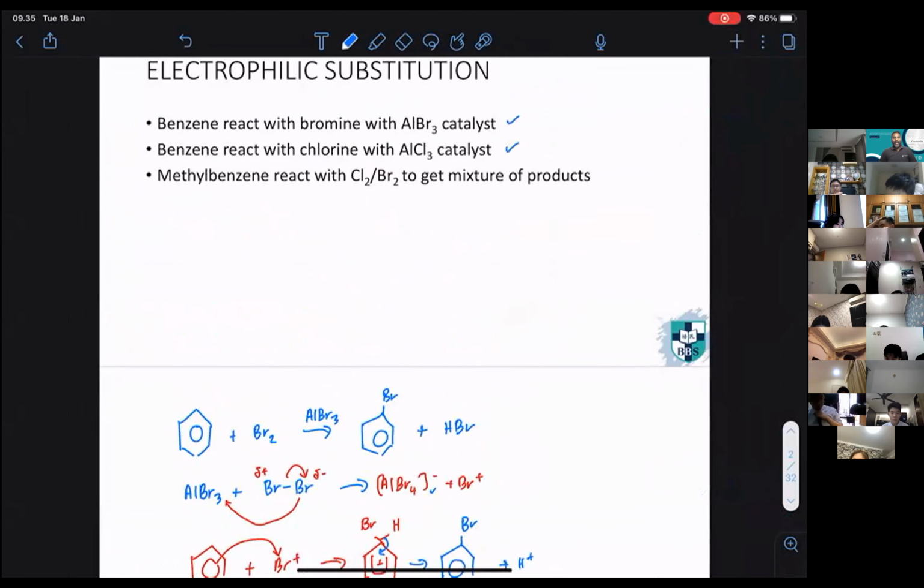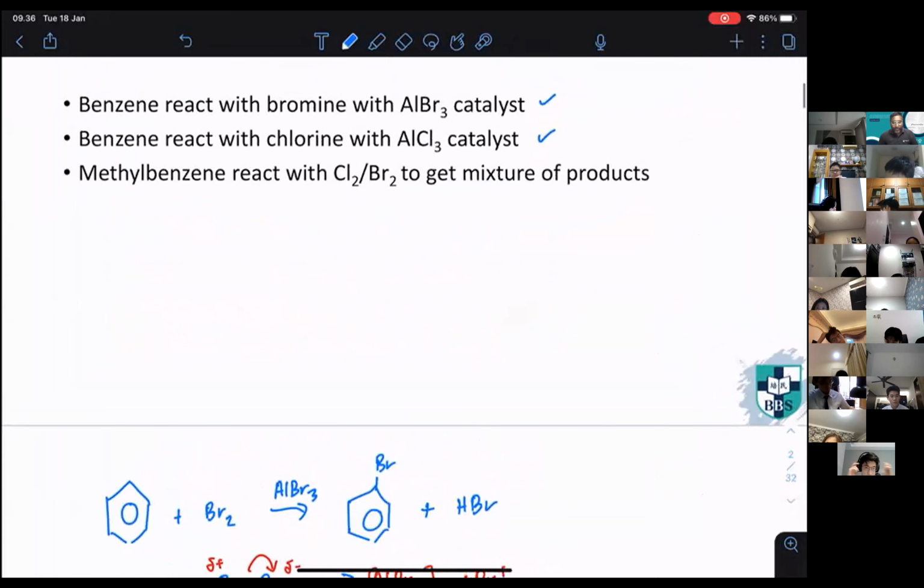But what are the extra things that you need to know when it comes to methyl benzene? The methyl group is an electron donating group, therefore it is going to be 2,4,6 directing.